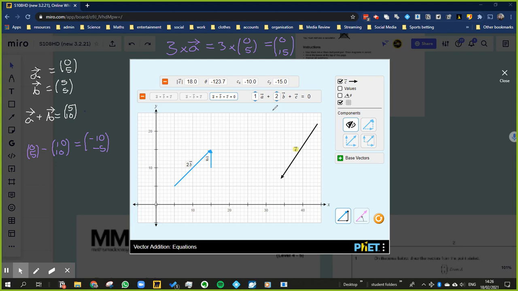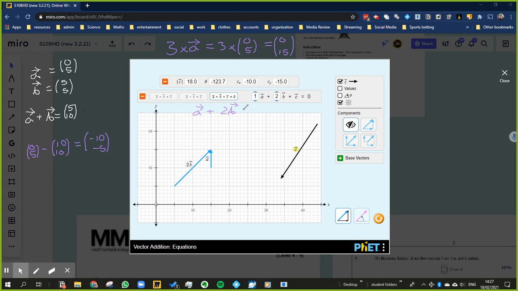Well, that can just be rearranged in the way you would normally rearrange an equation. So vector A plus, I've got 2 lots of B this time, 2 vector B, is equal to negative C.